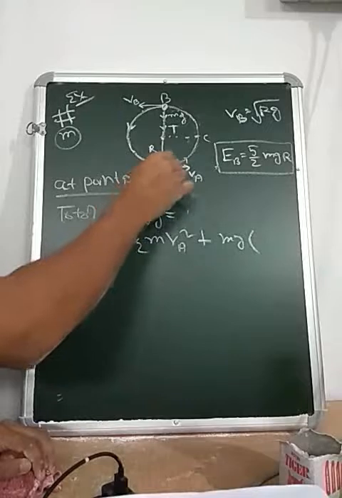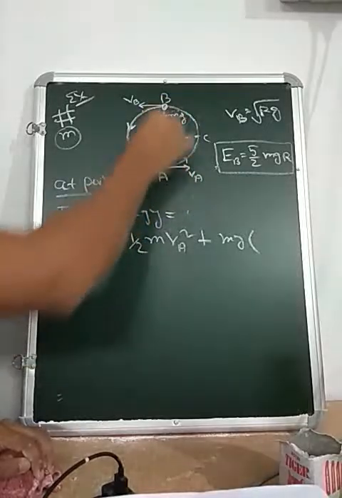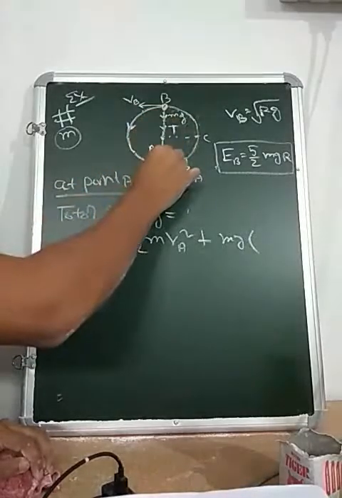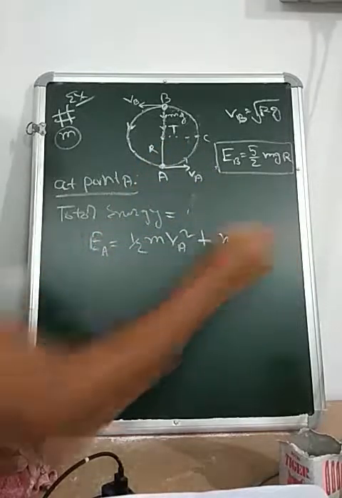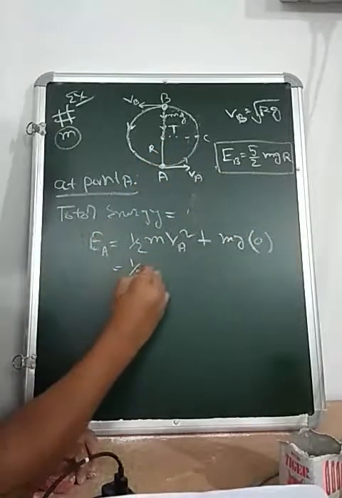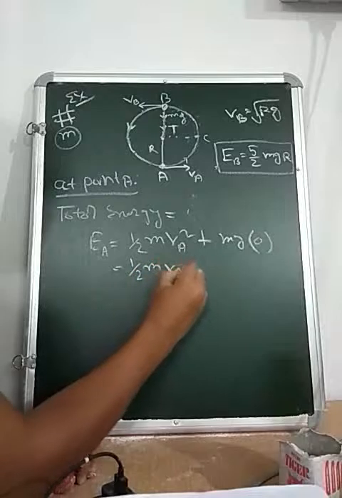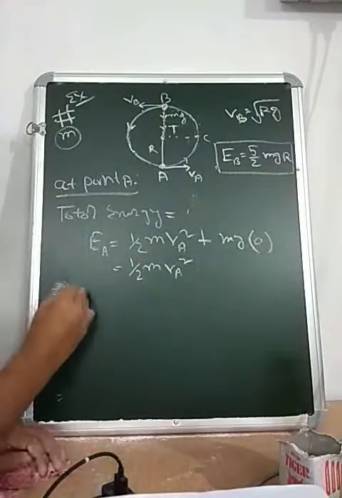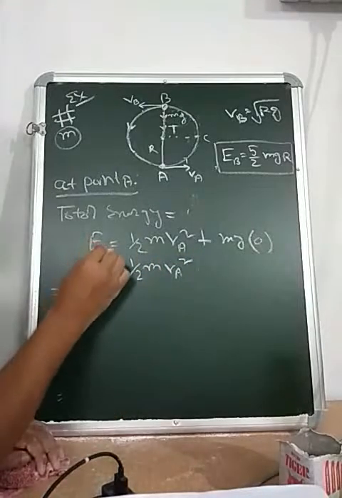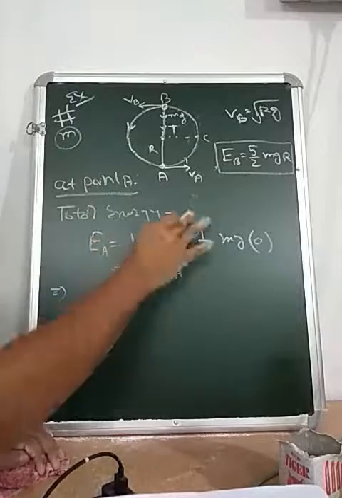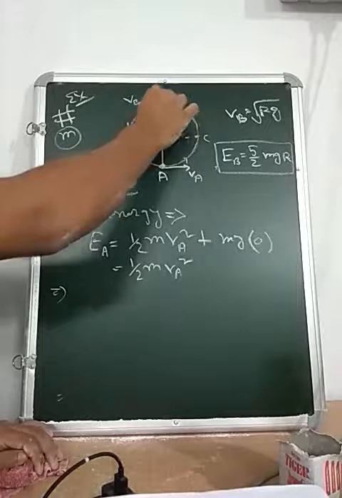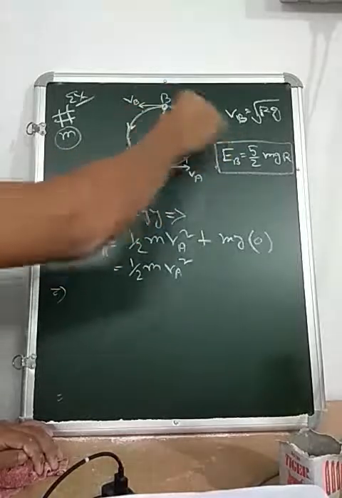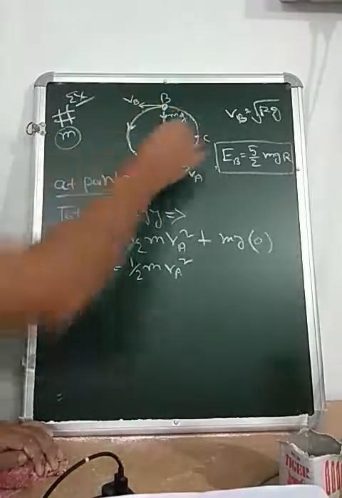What is the height? The height of this body at this position is 0. So it is half m VA square. This is the total energy at position A, and from the law of conservation of energy, the total energy of the body will remain constant at any position in the circular path.